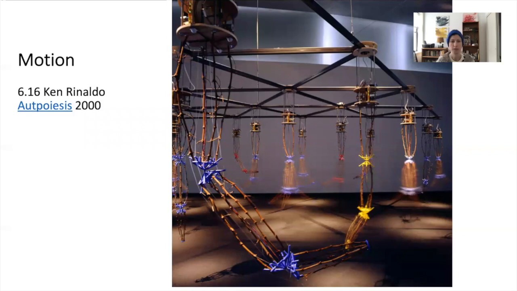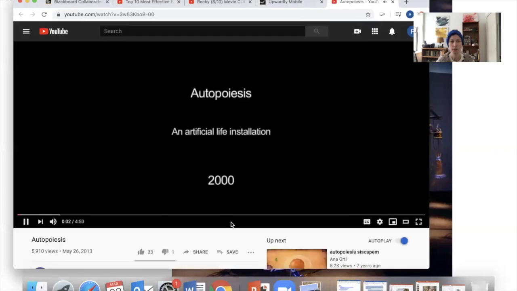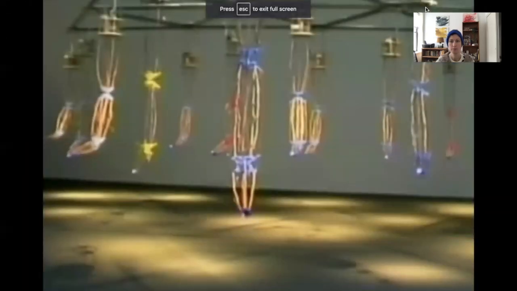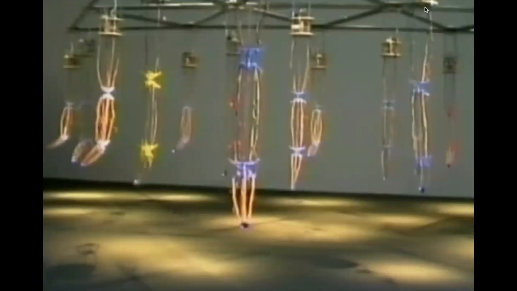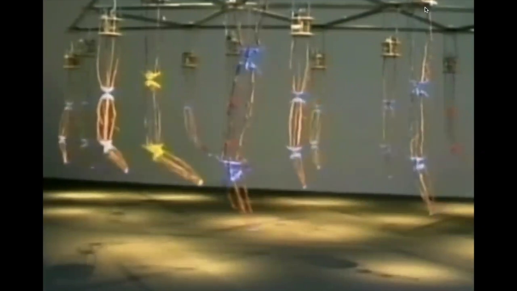Autopoiesis is an artificial life robotic sculpture series commissioned by the Kiasma Museum in Helsinki, Finland. It consists of 15 musical and robotic sculptures that interact with the public and modify their behaviors based on both the presence of the participants in the exhibition and the communication between each separate sculpture.